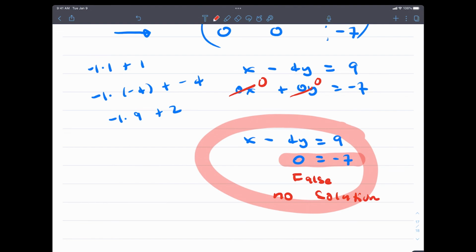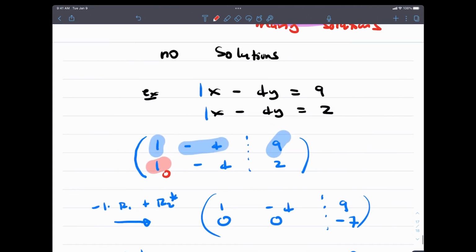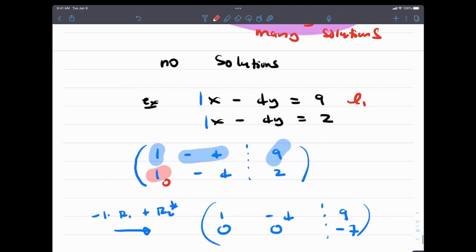You may not realize this, but these two lines, this is L1, this is L2, the lines are parallel. They never what? Intersect. And that's why there is no solution.